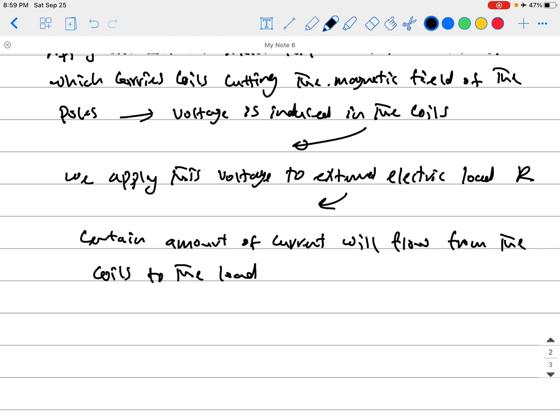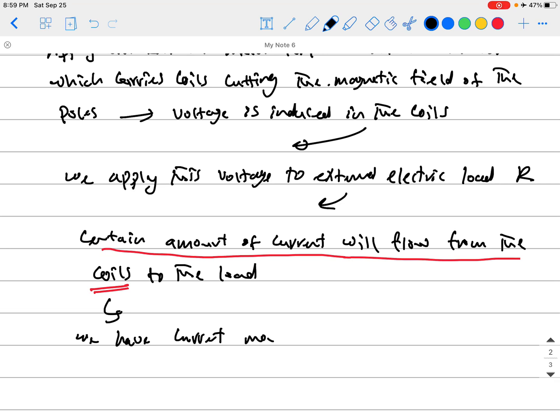Okay, but now you have that certain amount of current moving inside the coils, so that means we have current moving in coils while cutting a magnetic field. Remember, that is the whole condition we need to get a motor.